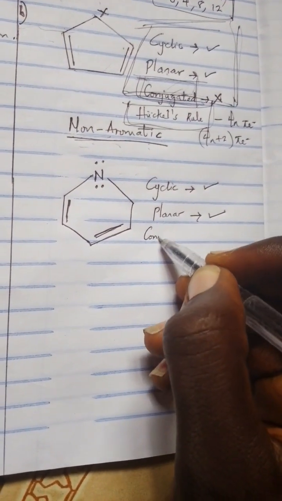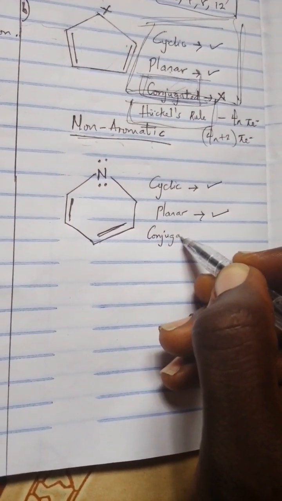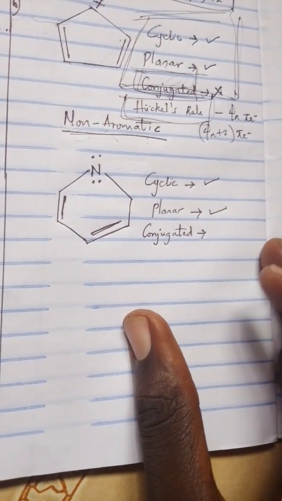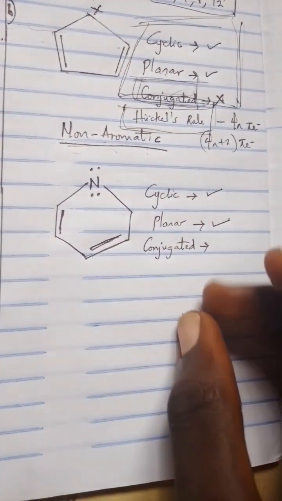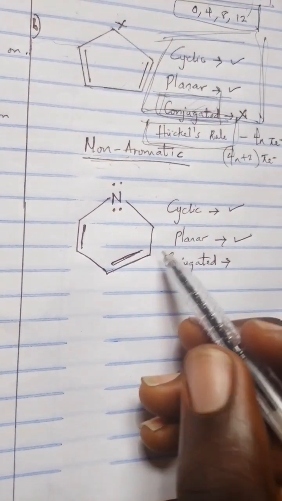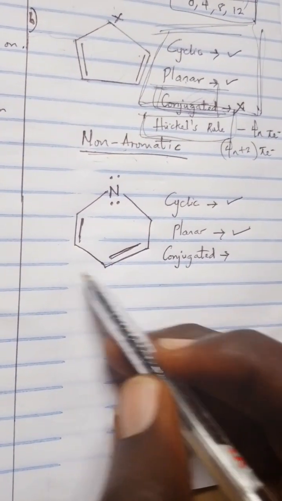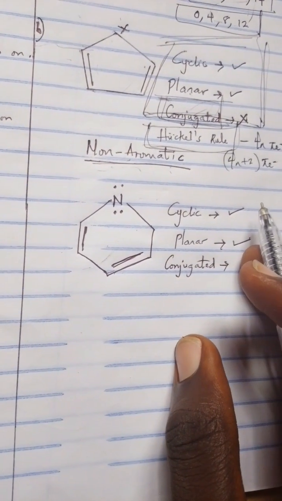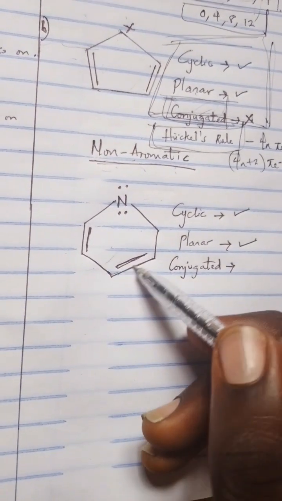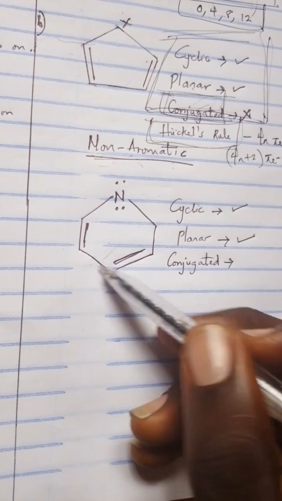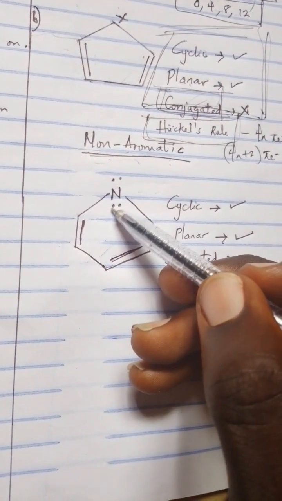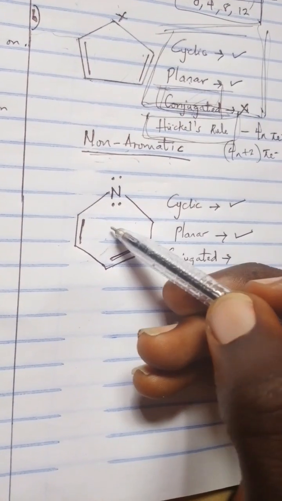Now, is it conjugated? It's becoming more interesting in this conjugation. Each carbon atom must be at least attached to a double bond, or the atom there must have a lone pair that is inside.